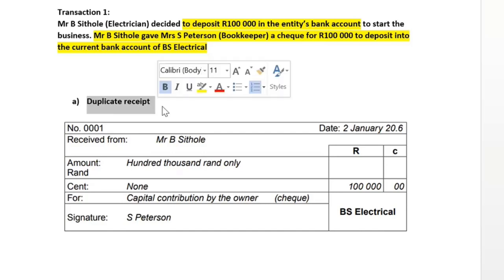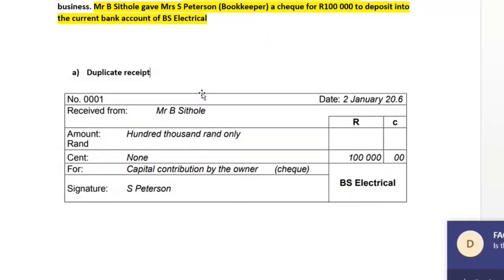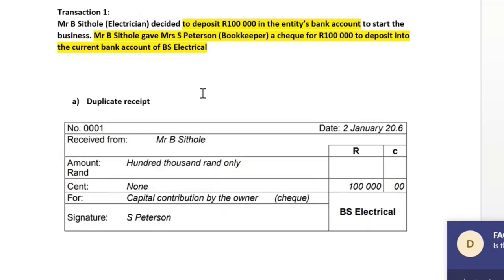So this is a duplicate receipt, and the original receipt was given to B.C. Tolle. So the first source document is a duplicate receipt. The original receipt was given to Mr. Sithole.